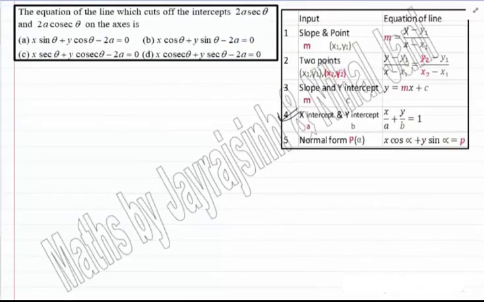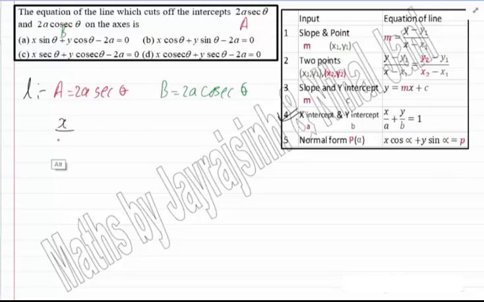In the next question, we have to find the equation of line as usual, whose x-intercept is 2a sec theta and y-intercept is 2a cosec theta. So for our line L, x-intercept is 2a sec theta and y-intercept is 2a cosec theta, and here we should use the intercept form, which is x upon A plus y upon B is equal to 1, right?